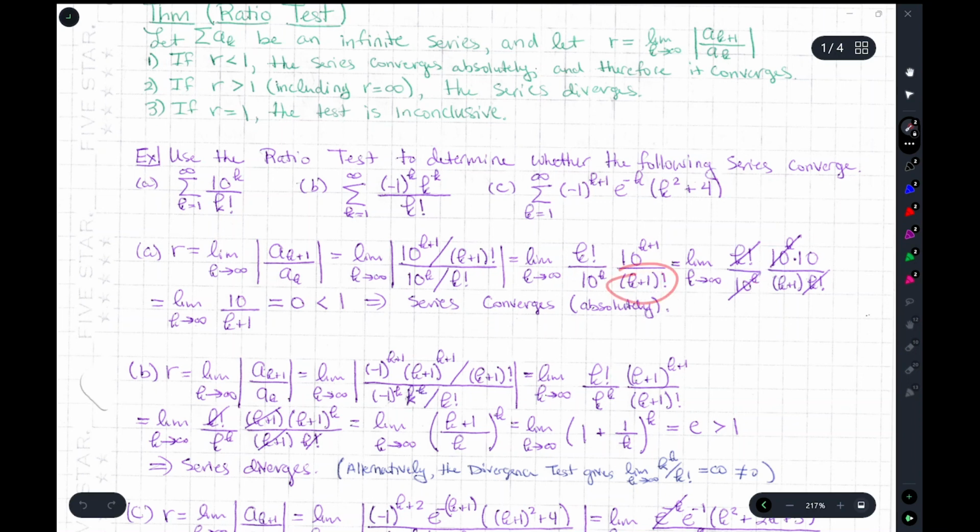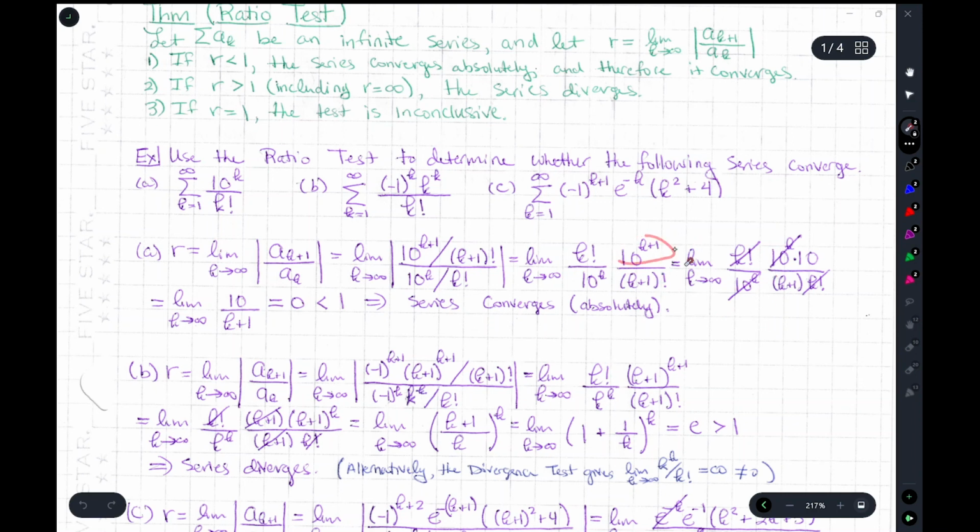And this (k+1) factorial is (k+1) times k times (k-1), dot, dot, dot, all the way till you get to 1. And so we break that (k+1) factorial term into (k+1) times k factorial. And now you can see that the k factorials will cancel. The 10 raised to the power of k will cancel as well.